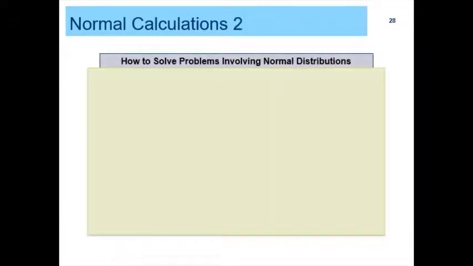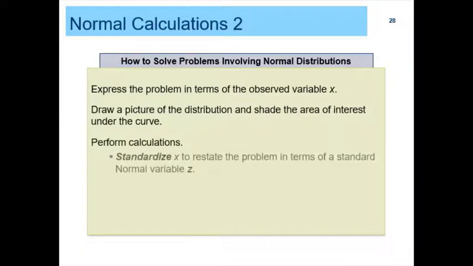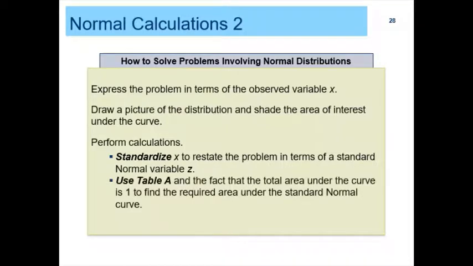So how to solve problems involving normal distribution? First express the problem in terms of the observed variable x, and then we have to draw a picture of the distribution, shade the area of interest under the curve, and then we have to perform calculations. Standardize x to restate the problem in terms of a standard normal variable z, and use table A and the fact that the total area under the curve is 1 to find the required area under the standard normal curve.